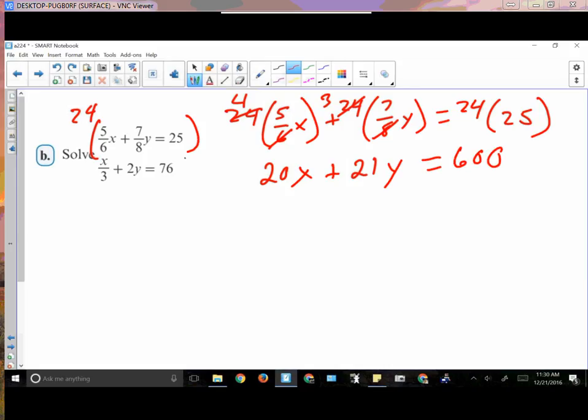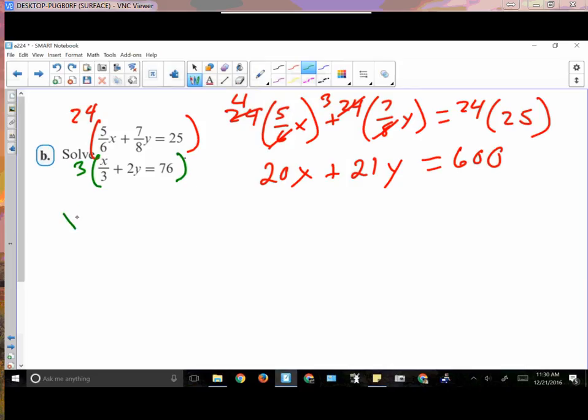Okay, so I got that one ready to roll. What about the one down here? What should I multiply this equation through by in order to fix it? Well, what are my denominators? My denominator is just that 3, isn't it? So, I'm just going to multiply everything through by 3. This one's a little bit easier to see, so I'm not going to worry about it too much.